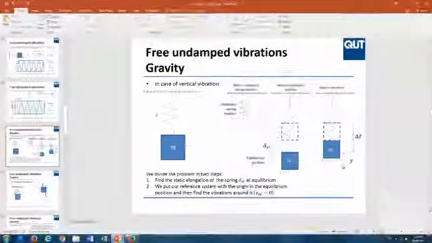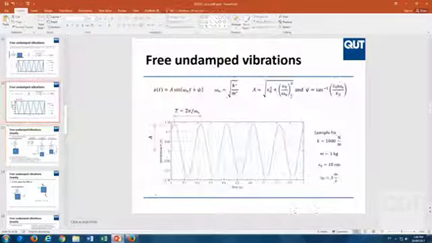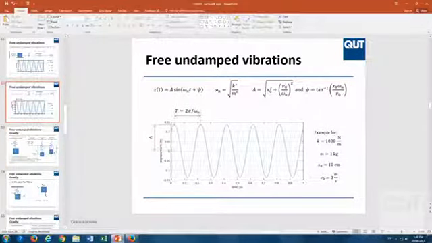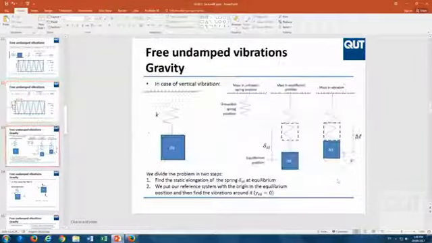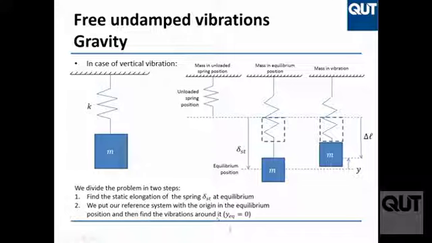I don't choose to put y up here, I choose to put it down here, so that it's 0 at the equilibrium position, because I know that then the vibration will be around that point. So it will actually be this formula without a constant. It will be a sine wave around that equilibrium position, which is 0 if I choose y starting from the equilibrium position. Clear?